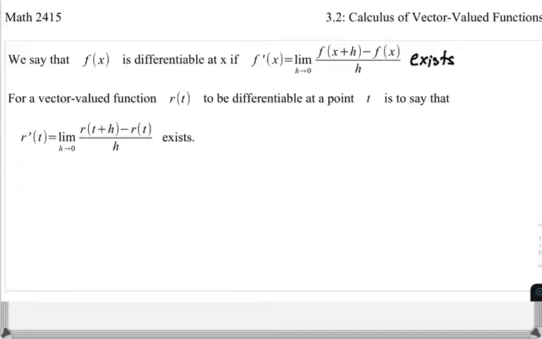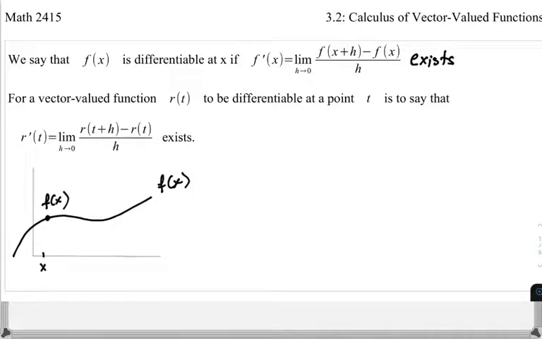And we say that the function f of x is differentiable at x if f prime of x, which is equal to the limit as h goes to 0 of f of x plus h minus f of x all over h, exists. And so if we draw the function f of x, then f of x, our specific x we're picking on here, would be right there.